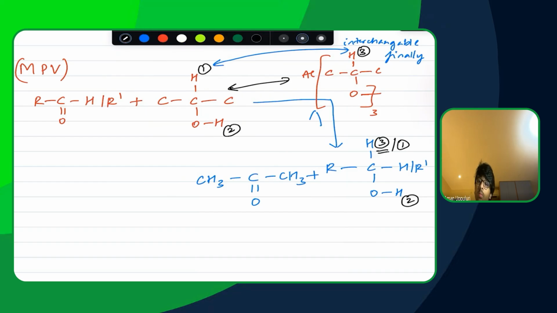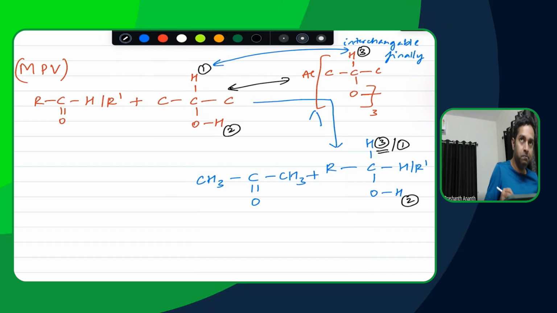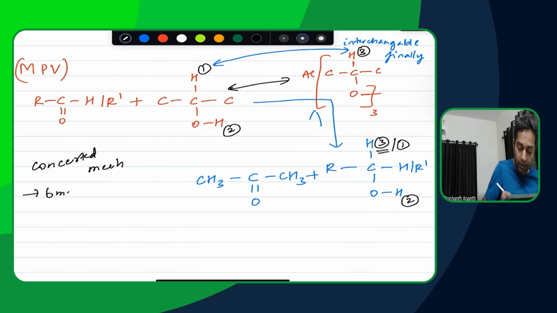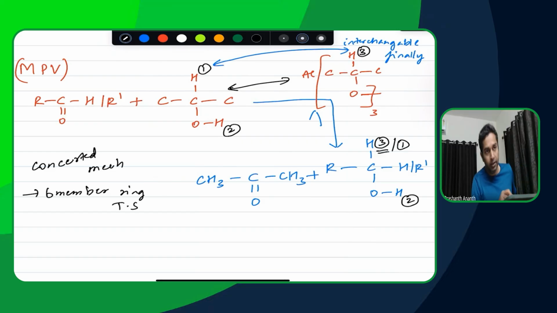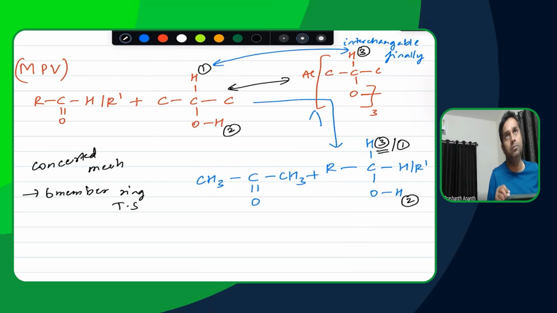So this is basically what is going to be happening over here. You can think of this as a concerted mechanism, a six-membered ring transition state, and something like a redox.